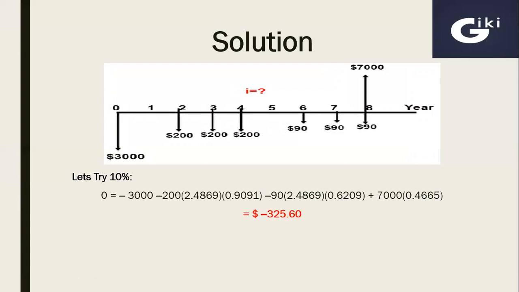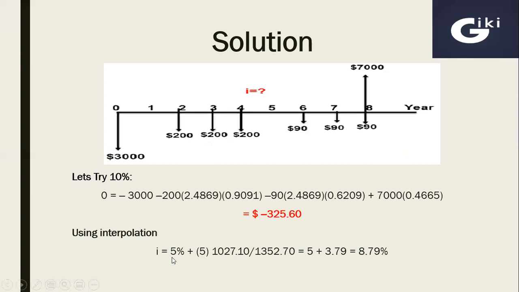Now after solving this equation, we have calculated the present worth, that is negative and less than 0, that is $325.6. Now we can use the formula or interpolate. So the rate of interest will be equal to the first rate of interest plus the difference of rate of interest, 10% minus 5%, multiplied by the first present worth, that is $1,027.10, divided by the difference in present worth, which is $1,352.7.